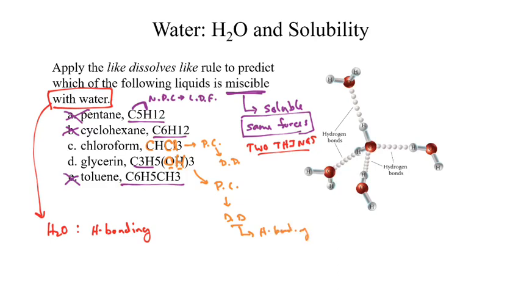What force is the most similar to water's hydrogen bonding? Hydrogen bonding or dipole-dipole? Well, hydrogen bonding, glycerin is the best of these choices to be miscible with water. And what we've done is evaluate solubility based off of those intermolecular forces.